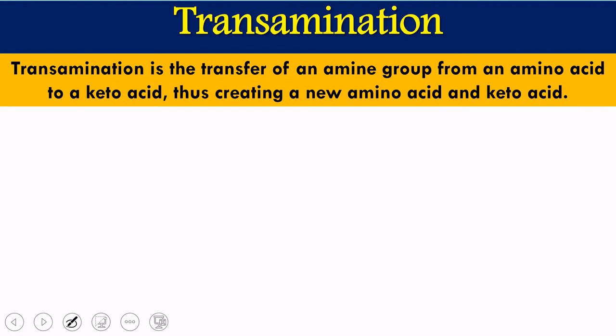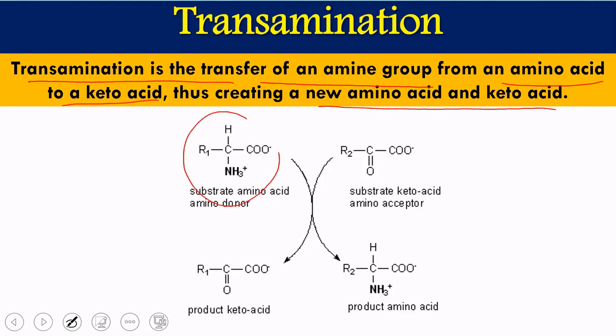In deamination reactions, we only remove the amino group from one amino acid in the form of ammonia. In case of transamination reactions, the removed ammonia is taken by another molecule. So transamination is the transfer of an amino group from an amino acid to a keto acid, thus creating a new amino acid and a keto acid. If you see here, this is an amino acid.